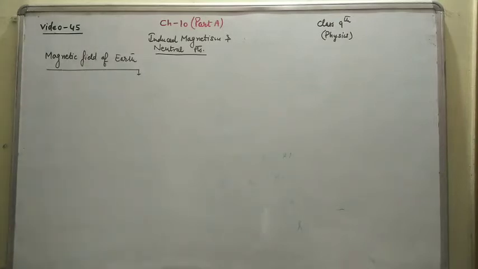As you know, the directive property of a magnetic compass: when we suspend a magnet, it always aligns itself in one particular direction, that is north and south.